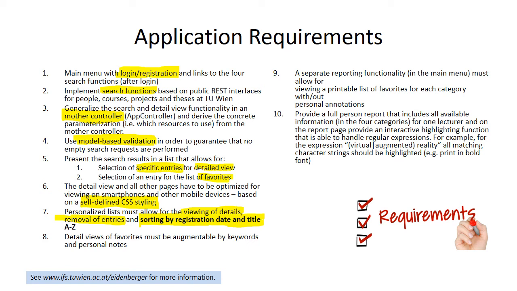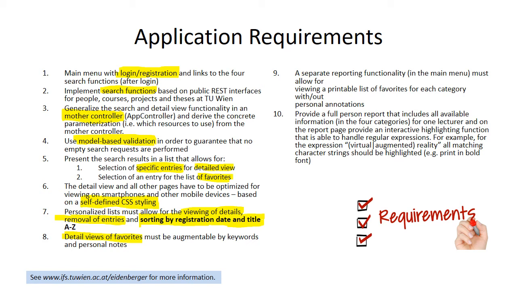Furthermore, in the detail view of favorites, so when I see, for example, a person with the photo and name and academic degrees and whatever the interface provides, it must be augmentable. That means it must be possible to enter strings of keywords, character strings, and also personal notes in a larger edit field.